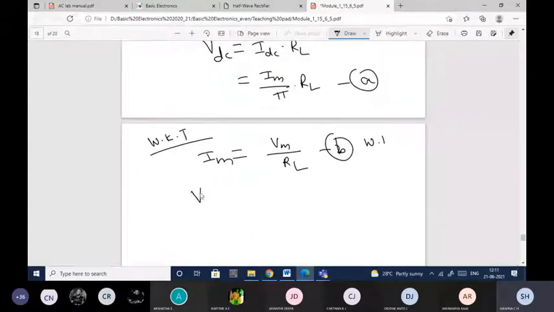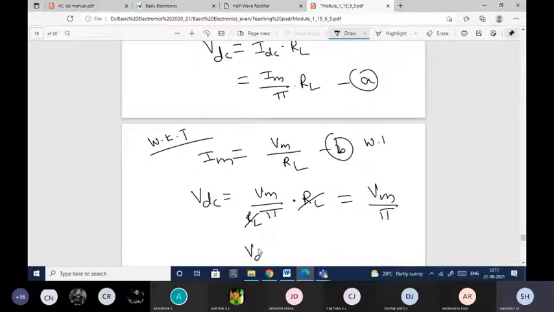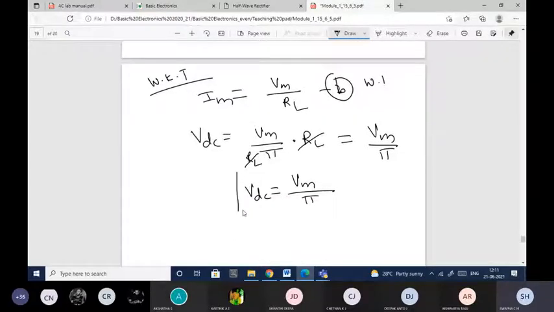Okay, so here VDC will be equal to Im by pi into RL. Sorry, in place of Im, I have to replace it with Vm by RL into pi into RL. So this and this will get cancelled. So I'll be left with Vm by pi. So VDC, the DC voltage, is nothing but Vm by pi.